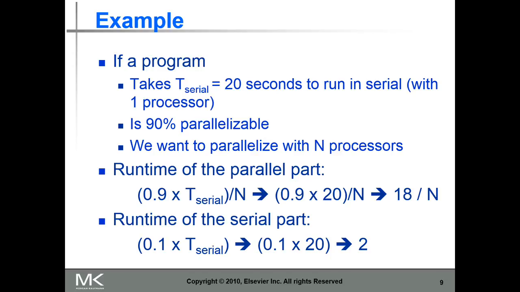Well, for the 90% that's parallelizable, using the formula on the previous page, this idea called Amdahl's Law, we know the runtime of the parallel part is 90% of the original serial time, divided by the n processors. Since our original serial time was 20 seconds, it's 0.9 times 20 over n, or 18 over n.